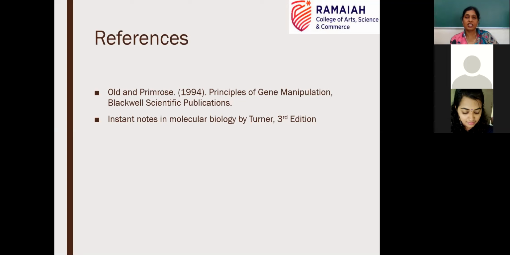Since several restriction enzymes had become available, there is a need for a uniform nomenclature system. I explained how the restriction enzymes are named. Then at last we also discussed what are isoschizomers, what are neoschizomers, and at the end I also mentioned what is star activity of restriction endonucleases.